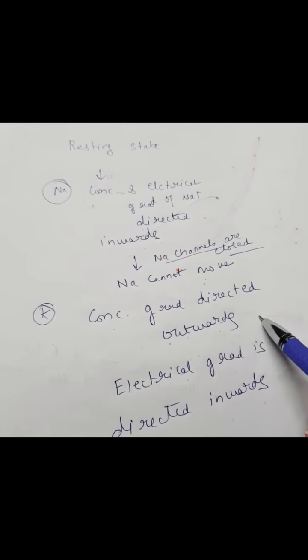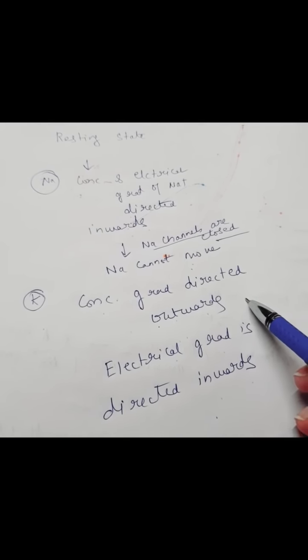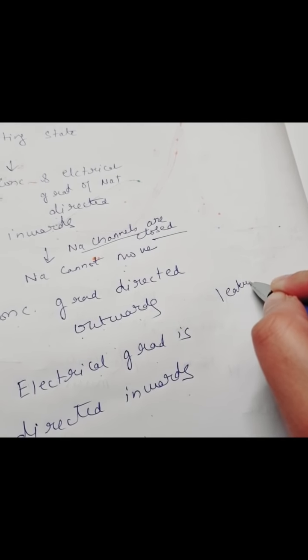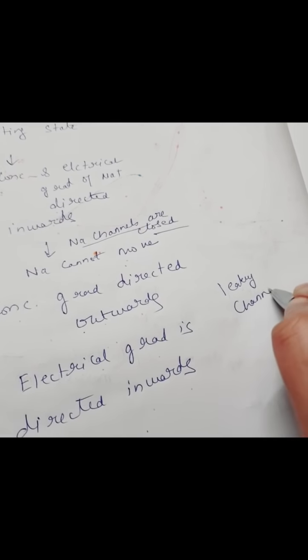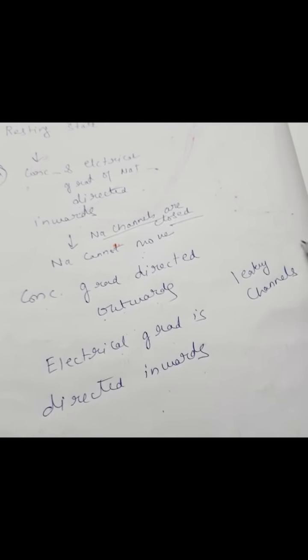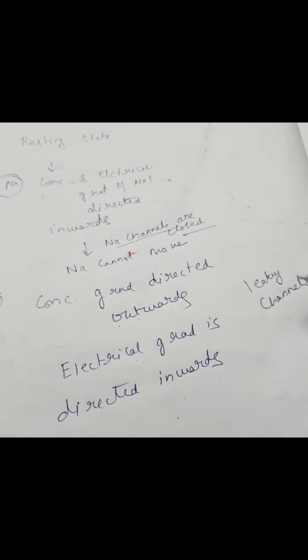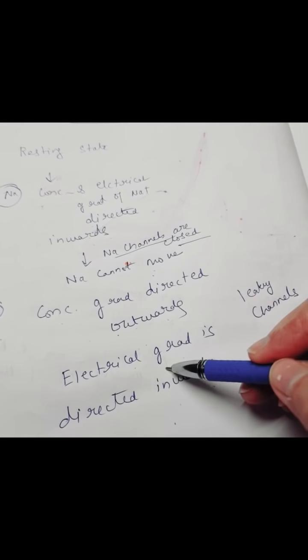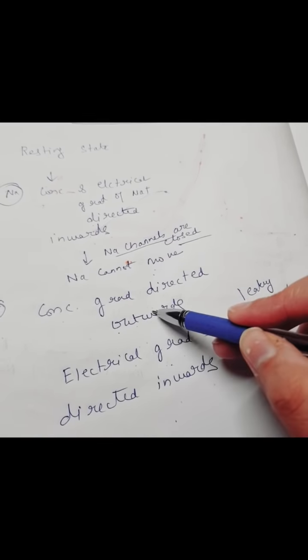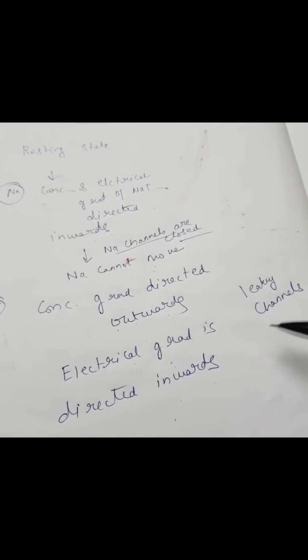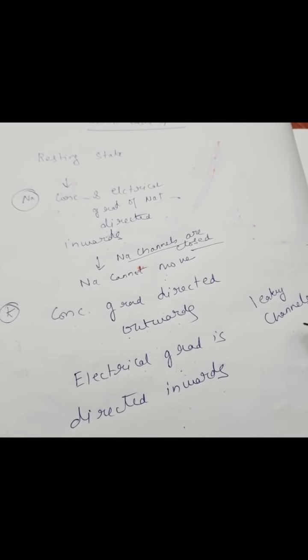Now, the leaky channels of potassium are always open. So these leaky channels allow the movement of potassium in and out of the cell. When these two forces, the chemical and the electrical force, become equal, there is no net movement of potassium through the leaky channels.